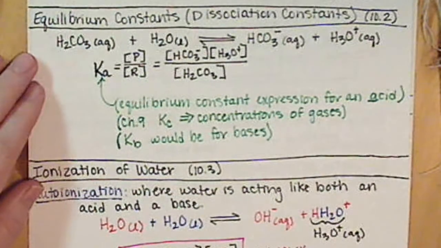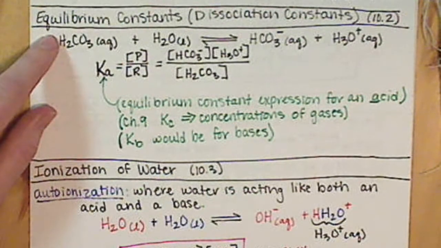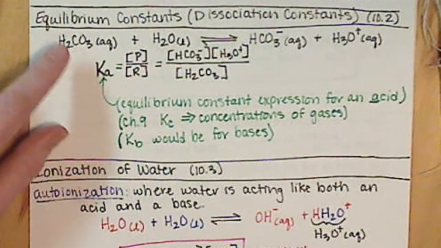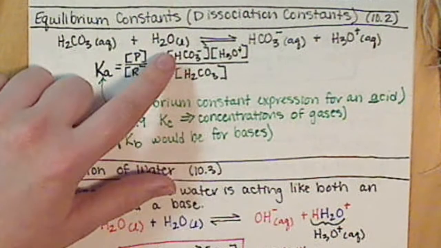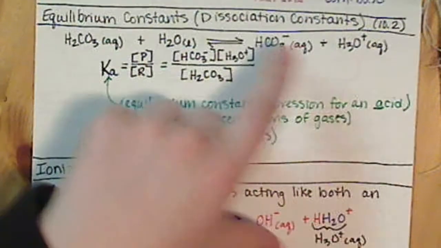So that was the last part of section 10.2. We looked at the equilibrium of carbonic acid. We have H2CO3 interacting with water to form our HCO3- and H3O+.